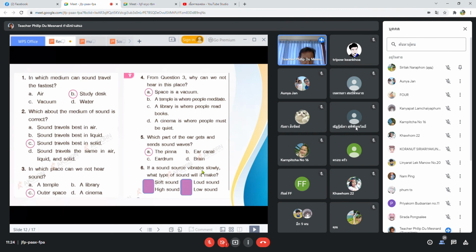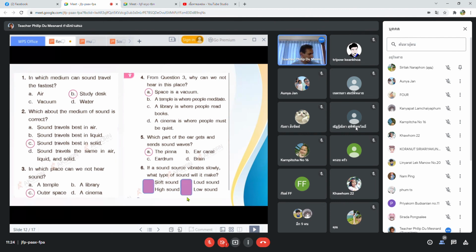Okay, then, if a source vibrates slowly, what kind of sound will it make? Class, do you want to try this one? So vibrate slowly. So if I have a drum and I do this, not this.